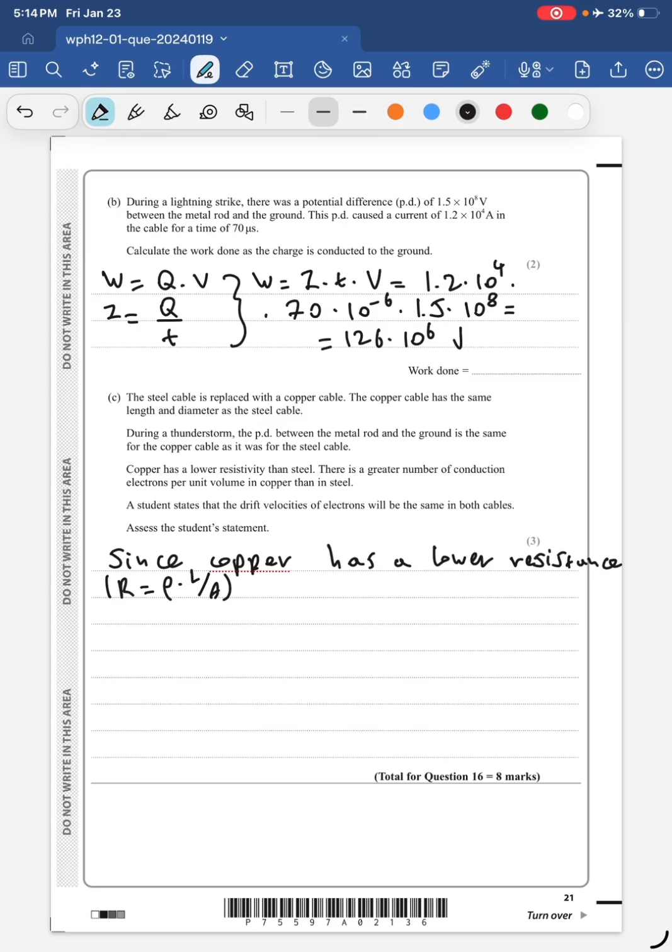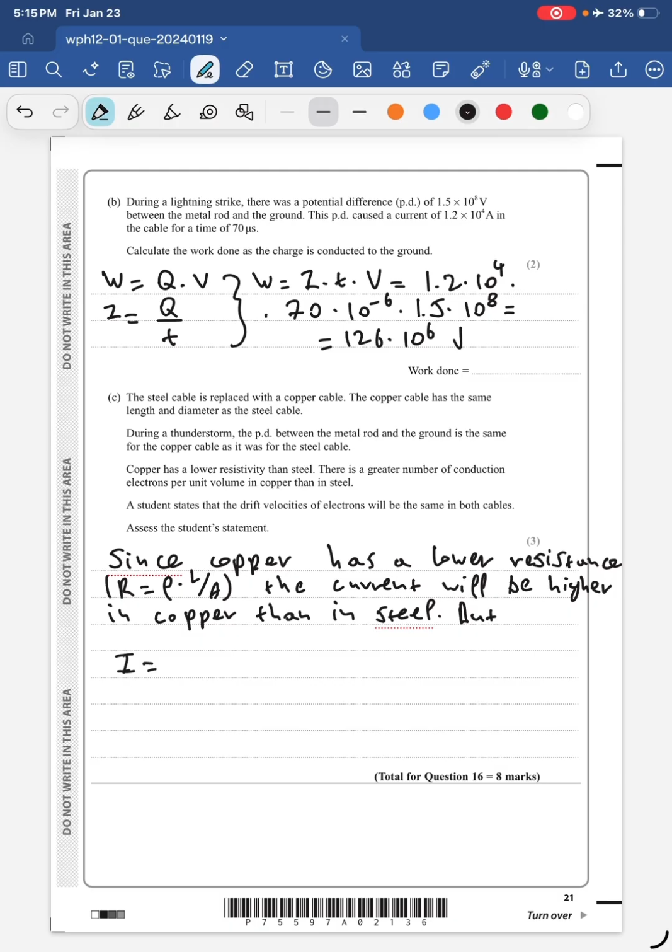Then the only thing that changes is the resistivity, and with copper having lower resistivity, it means that it has lower resistance. Okay, so since copper has a lower resistance, the current will be higher in copper than in steel.